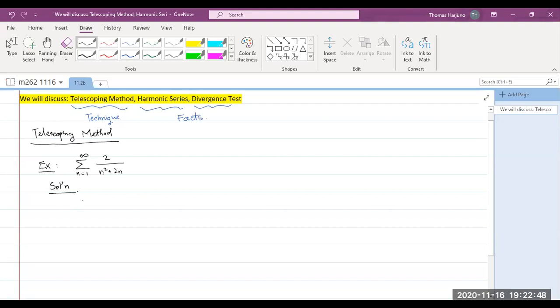Okay, so we will start with, note that 2 over n squared plus 2n is equal to 2 over n times n plus 2. Now we want to do partial fraction decomposition into a over n plus b over n plus 2.